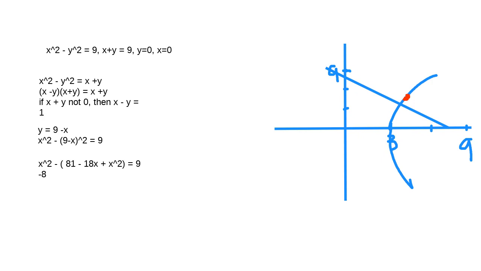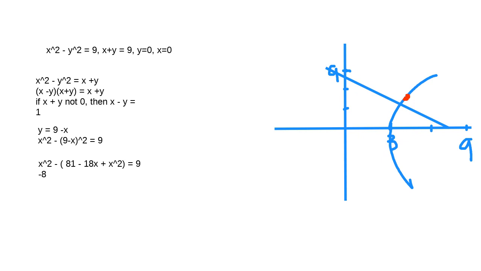You see, you guys are smarter than me. So we get negative 81 plus 18x equals 9, right? Let's see if I did it right. x squared minus x squared is gone. Negative 81 plus 18x equals 9. Okay, so we just solve. So we got 18x equals 9 plus 81, 90. So x equals 5.